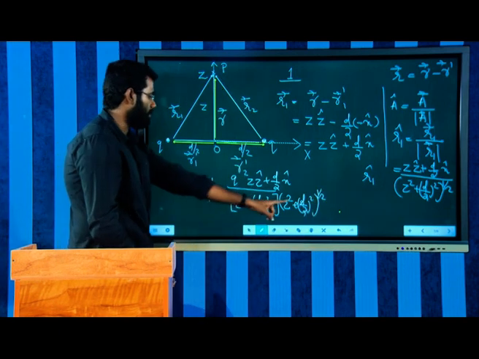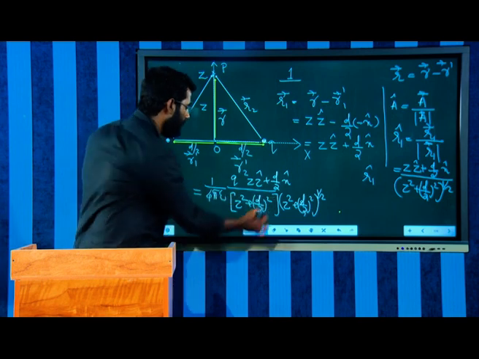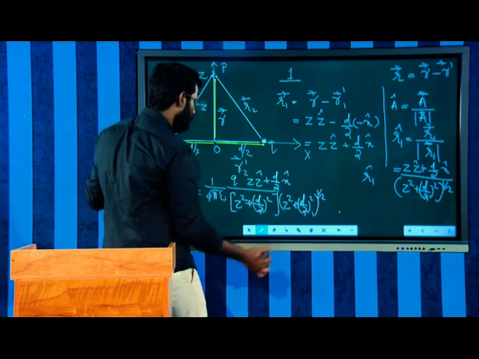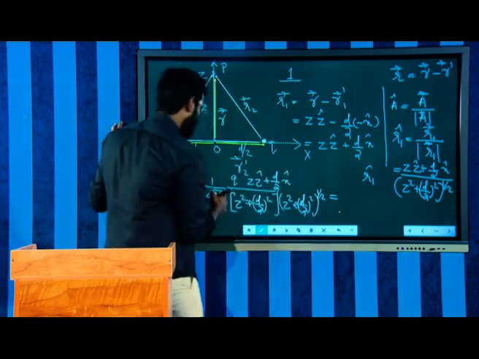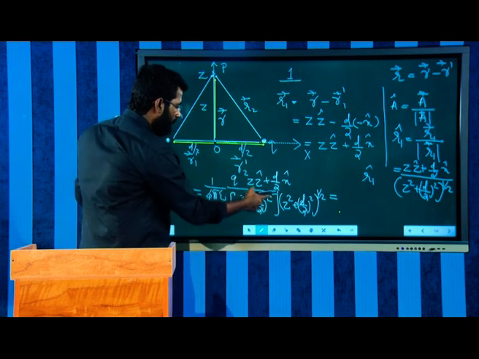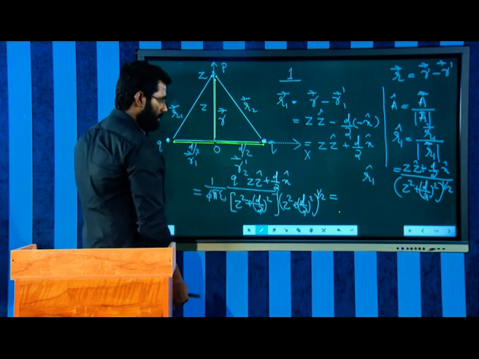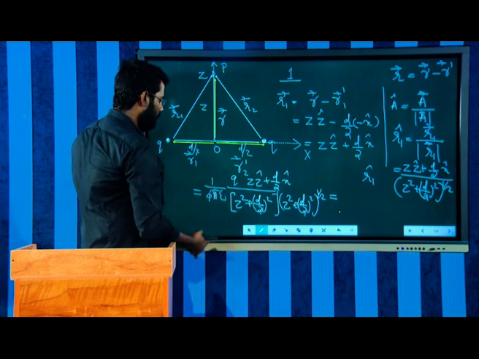So together, this is raised to 1 here and raised to 1 by 2 here, so 1 plus 1 by 2, that is the whole raised to 3 by 2.